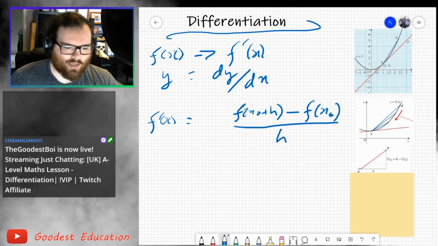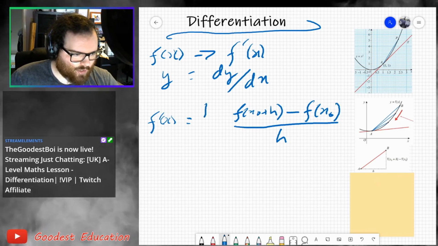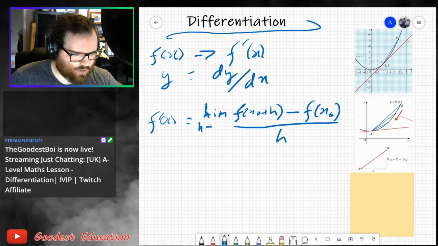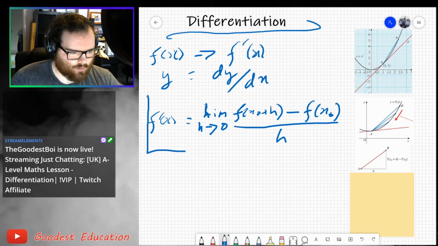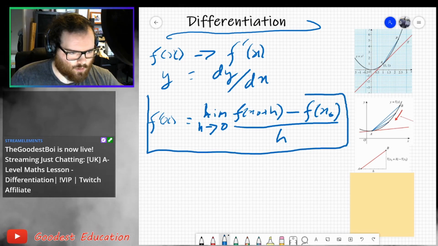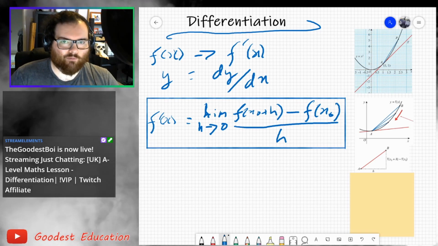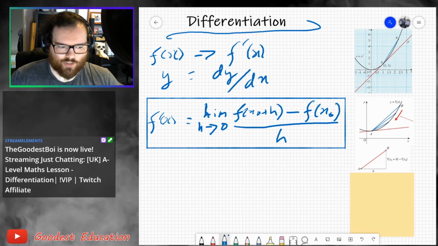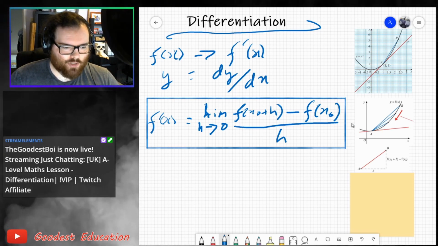And we want to make it so A and B get closer and closer together, so we take the limit of this as h tends towards 0. This function here is what's known as the differential from first principles. So to work out the differential of any function, you can do that by using this equation.